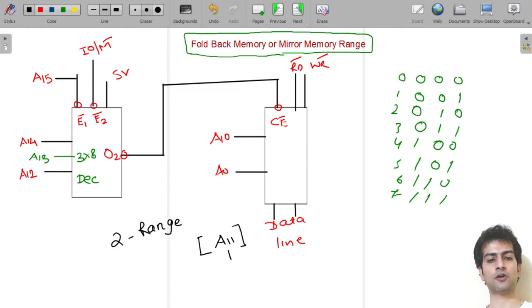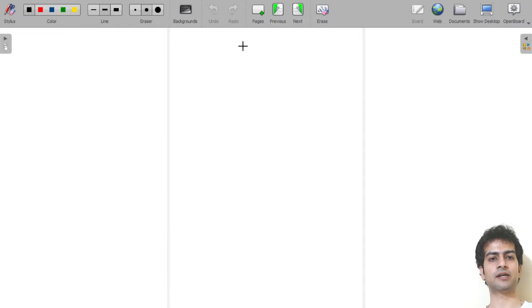As nothing is mentioned for A11, it can take either 0 or 1, so we have to find the range once by considering 0 and then once by considering 1. This is the concept of fold back memory, or mirror memory range. Easy, I think you are able to understand it.